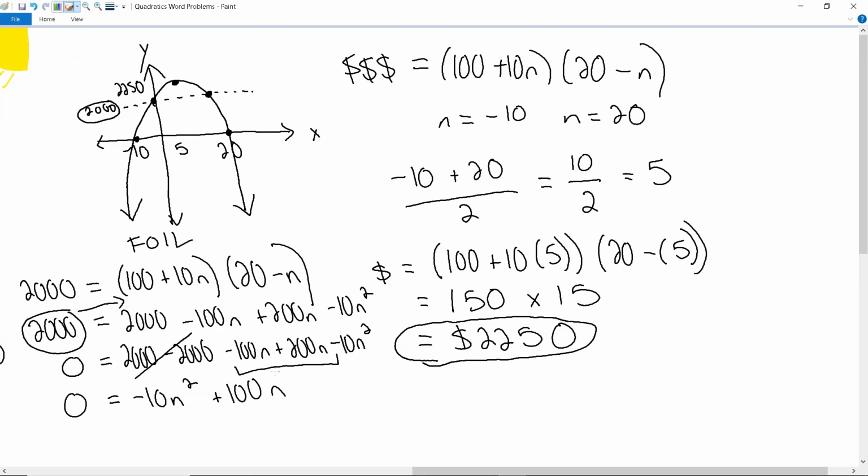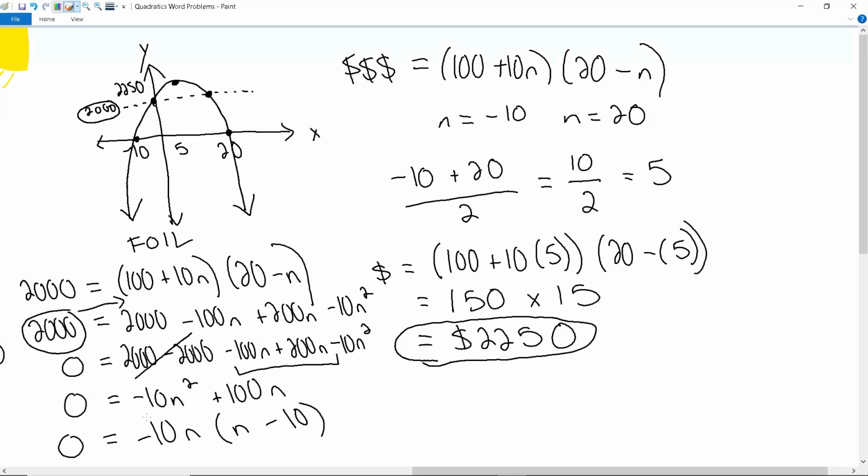So this is our new quadratic to solve. And immediately I can see that I can factor out a negative 10n from these two terms. And I'm left with an n minus 10.